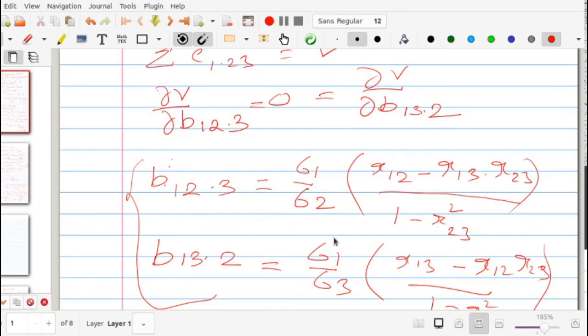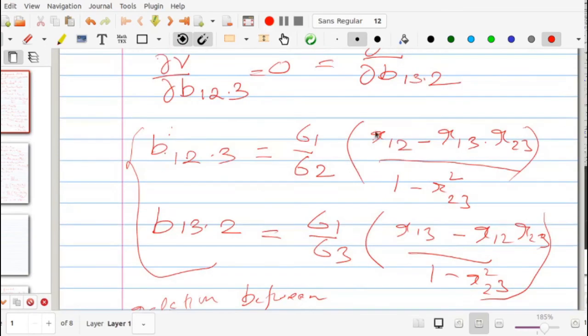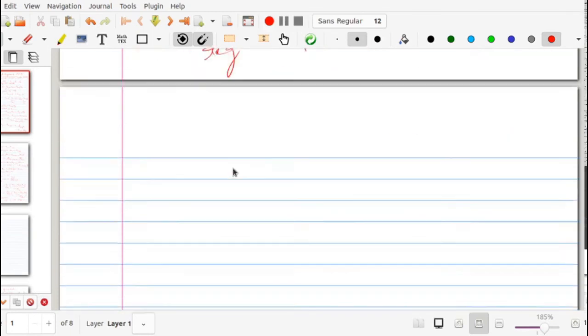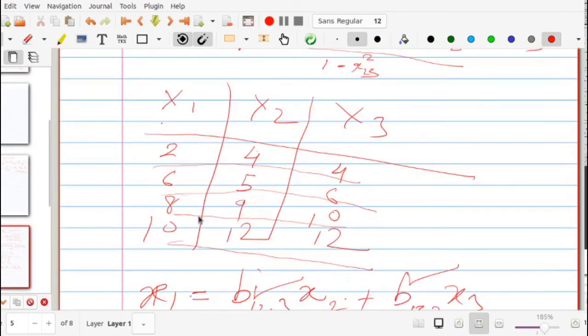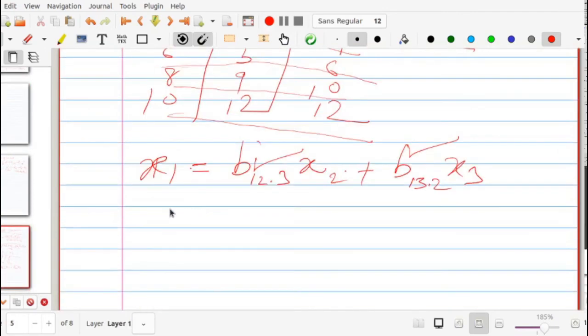So these 2 formulas, we use this formula to first find out the correlation coefficients between each of these variables, and we find the standard deviation, and then we put it in the formula to find out the regression equation. Right? Now, just remember one thing here.